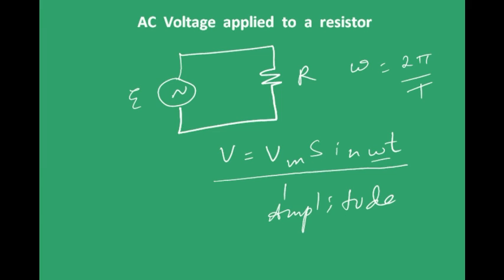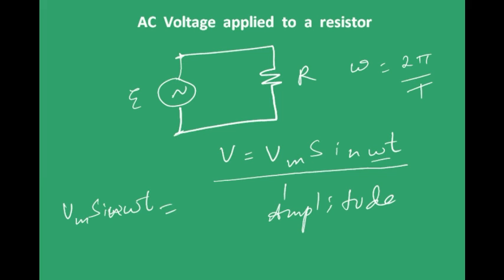How about current? We know by Ohm's law that V is equal to IR, right? Here by Kirchhoff's law, across these 2 points, the EMF is V, Vm sin omega t, and that should be equal to IR, because the sum of potentials around a loop should be zero.